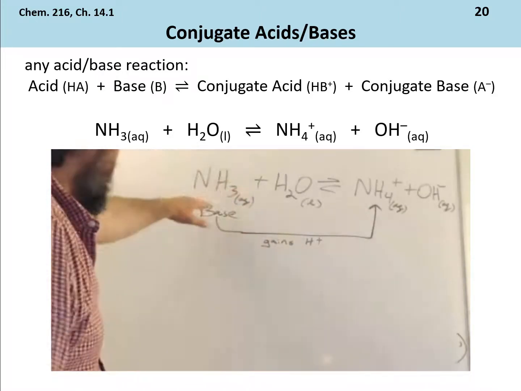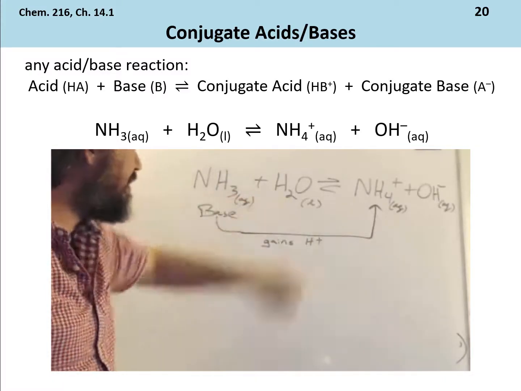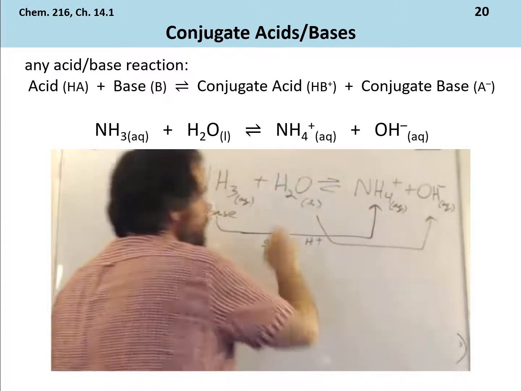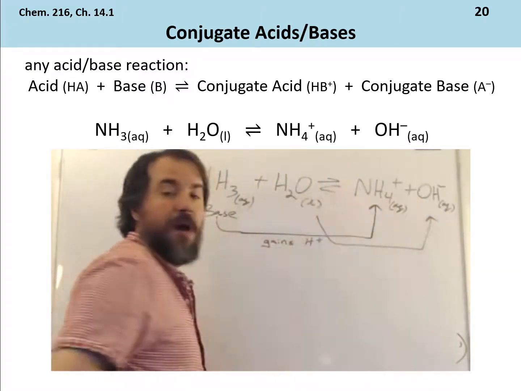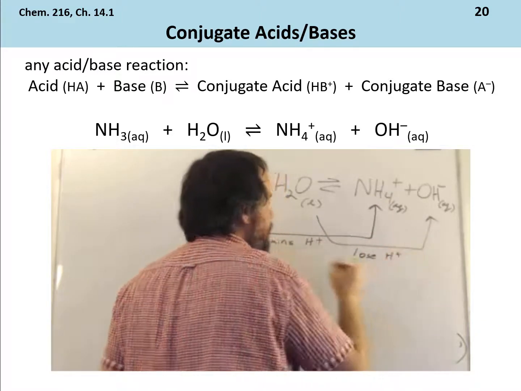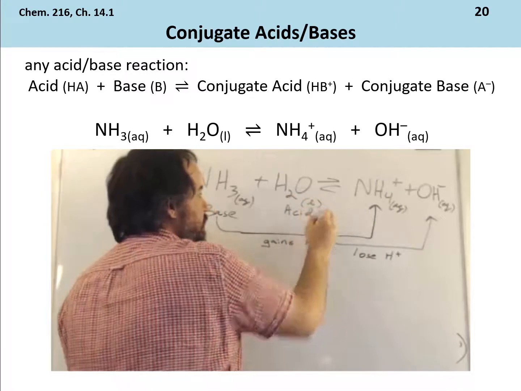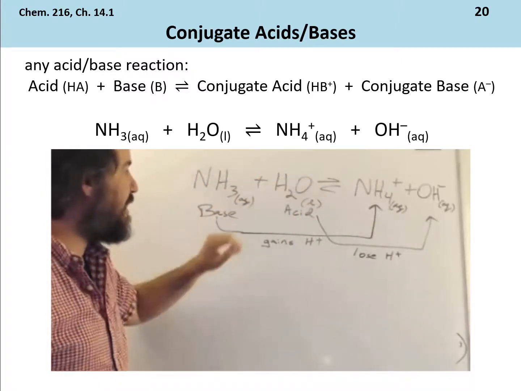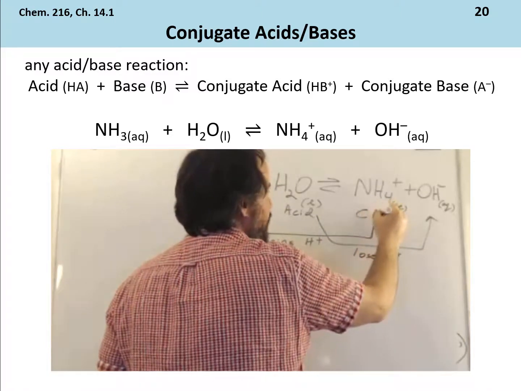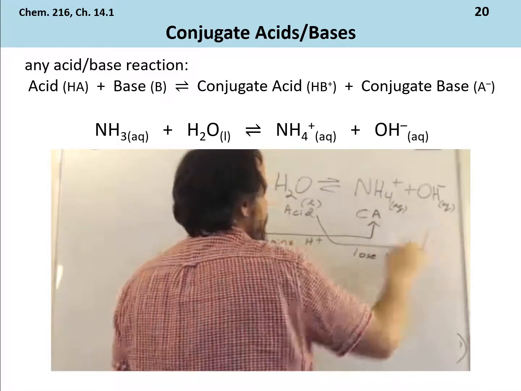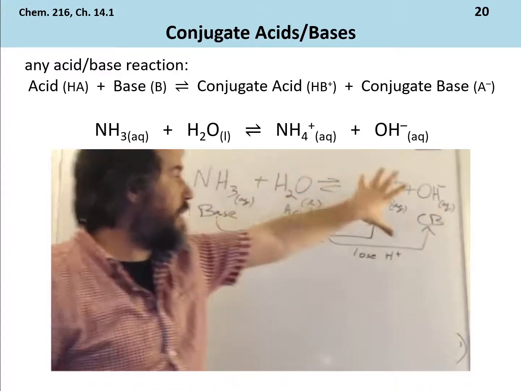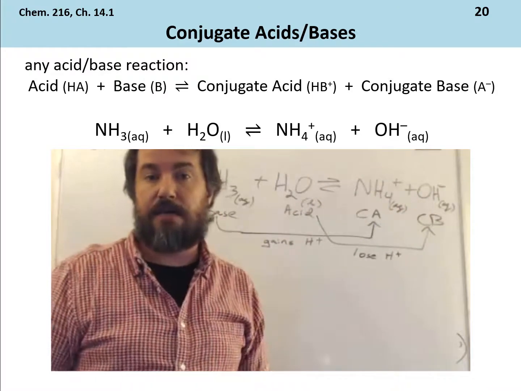If that's the base, the H2O should be an acid. Let's make sure that makes sense. H2O to OH-, it's losing H+, so it must be an acid. Now, the base must produce a conjugate acid, and the acid must produce the conjugate base. My conjugates, I always say, are on the product side.